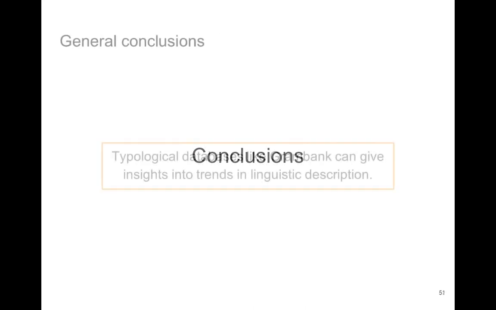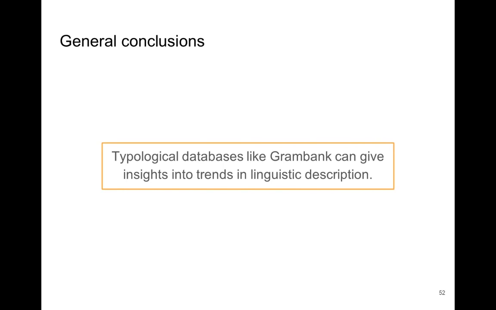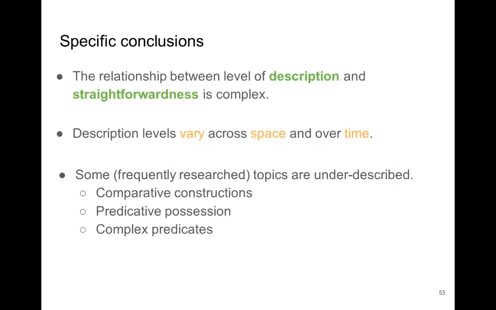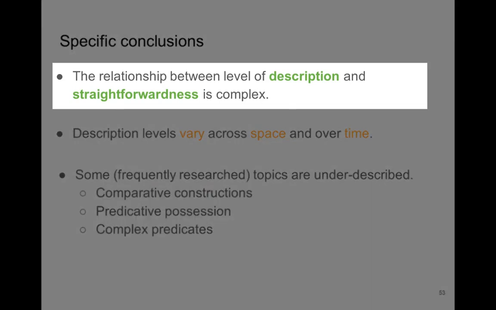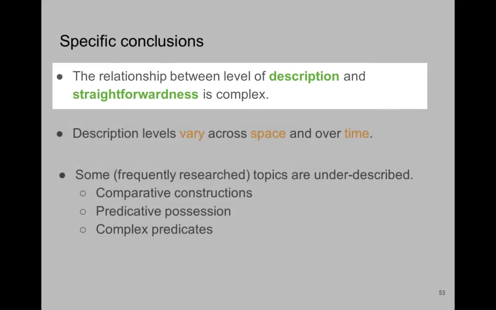Wrapping up, typological databases like Grambank can give insights into trends in linguistic description. Interaction between description and typology leads to better typologies and to more comprehensive descriptions. Some specific observations we've seen in this talk are that the relationship between level of description and straightforwardness is complex.